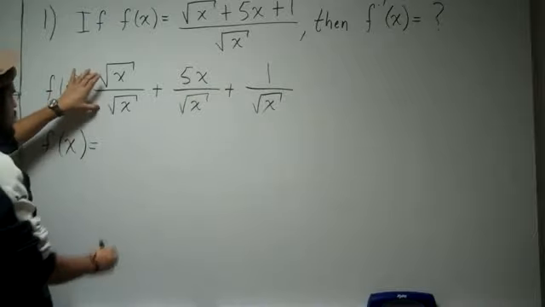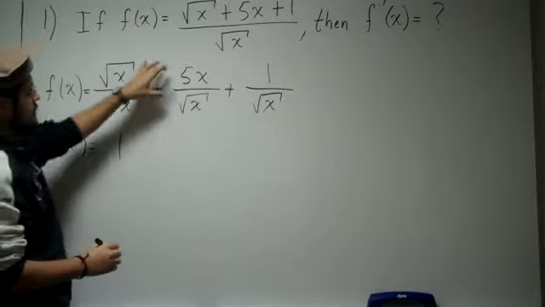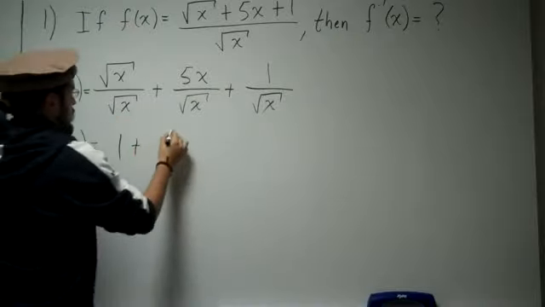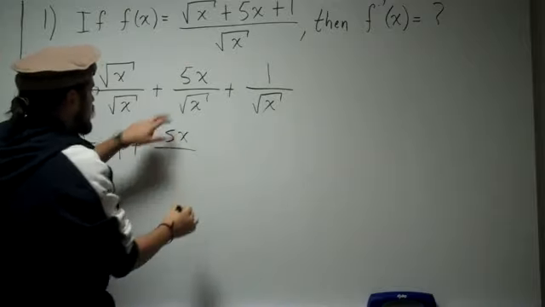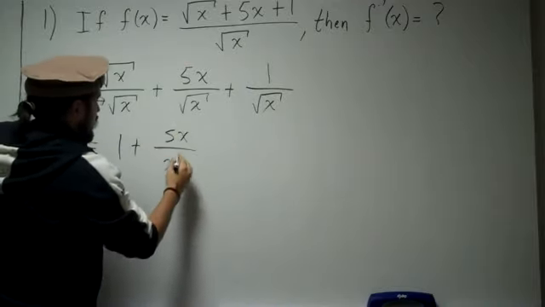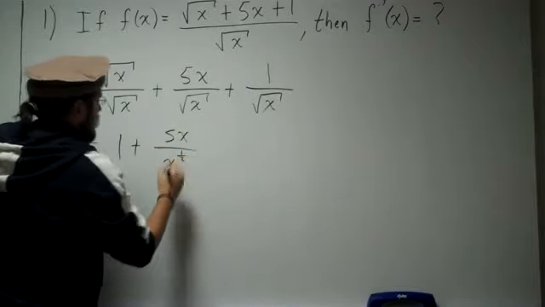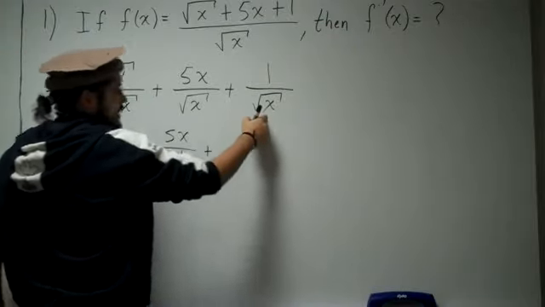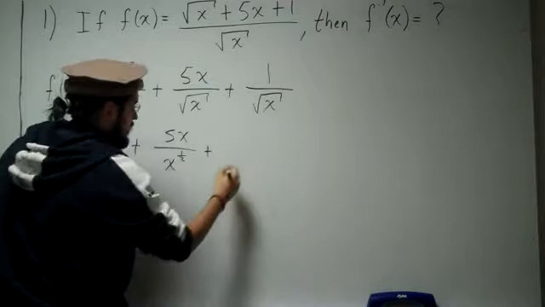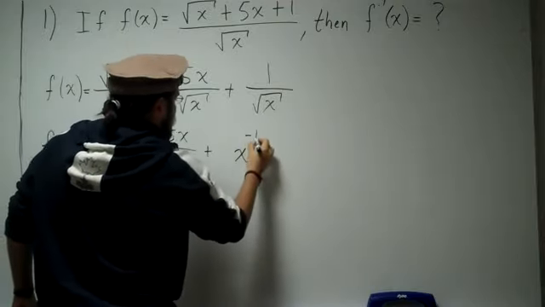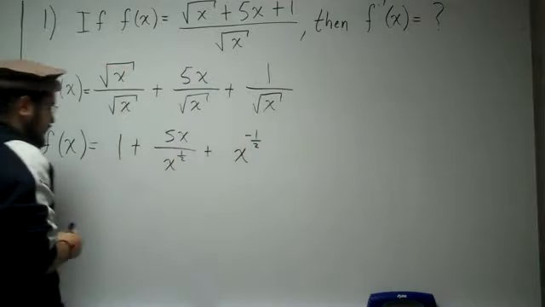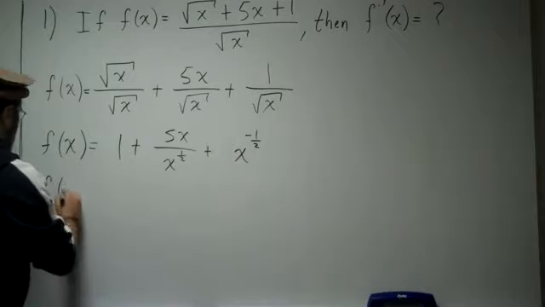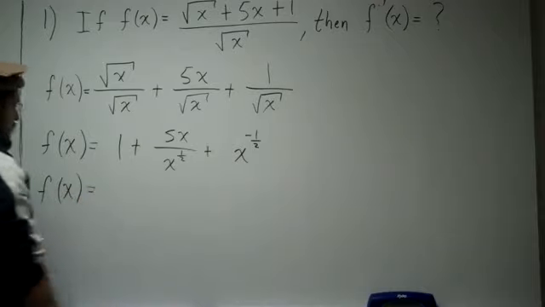So like we said, this is 1. This right here we have 5x. The square root of x can also be denoted as x to the 1/2. And this one is x to the 1/2, but we can bring it to the top, so we have x to the negative 1/2. Let's keep simplifying before we do any derivatives.